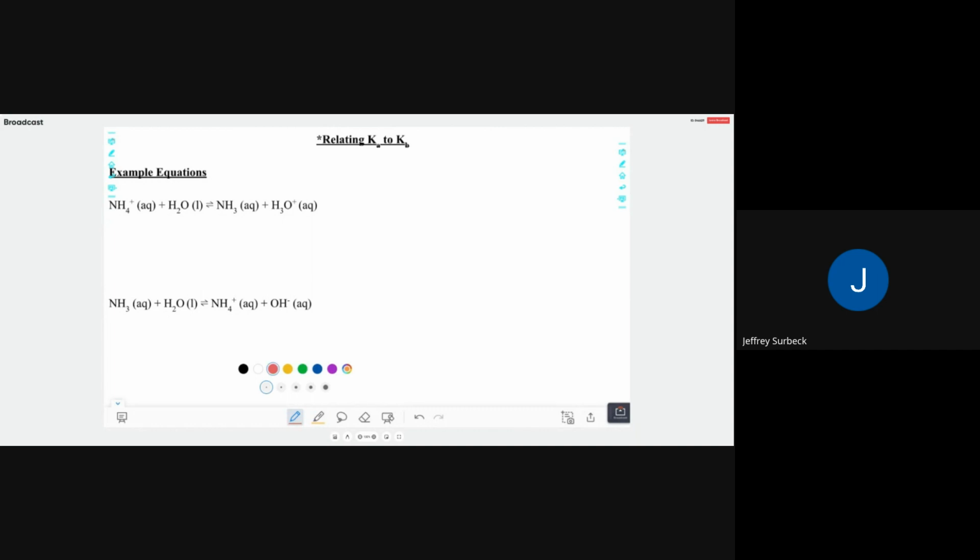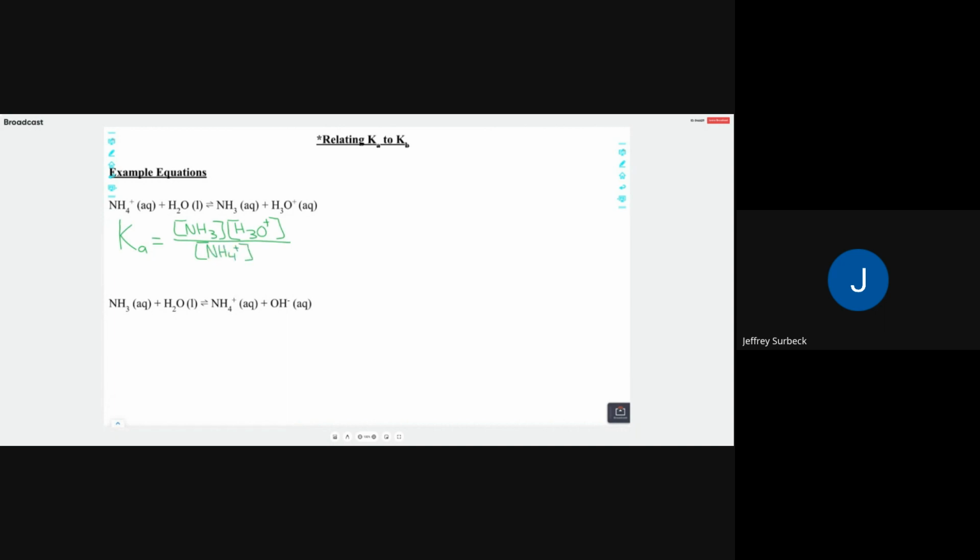Now, I like to start out all weak acid, weak base problems with our equilibrium expression. Up top here, because this is an acid, I'm going to say this is our Ka. What we would have is NH3 on top times our H3O plus, all divided by the concentration of NH4 plus.